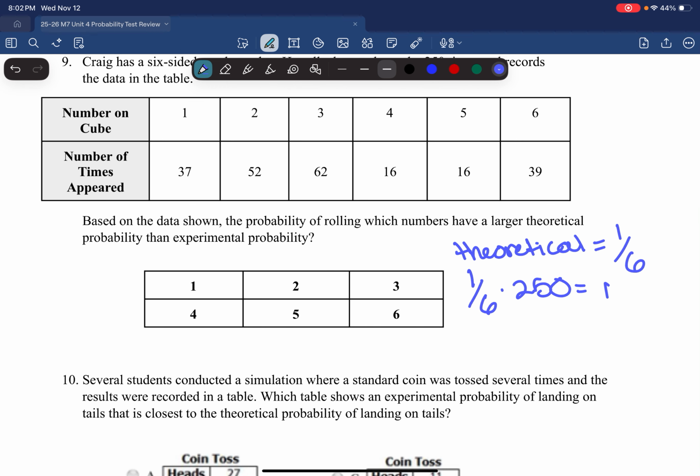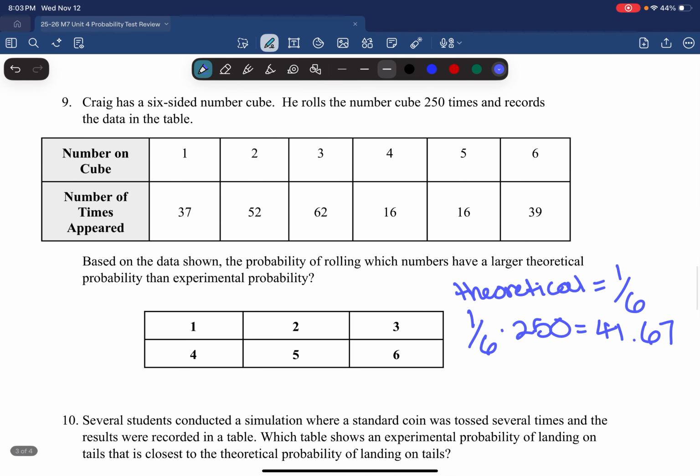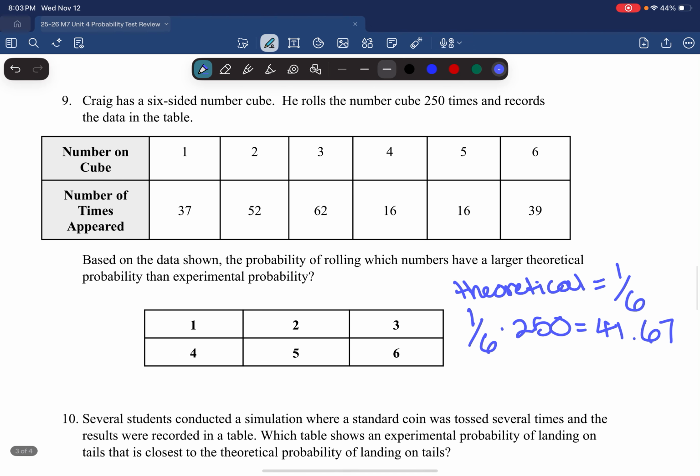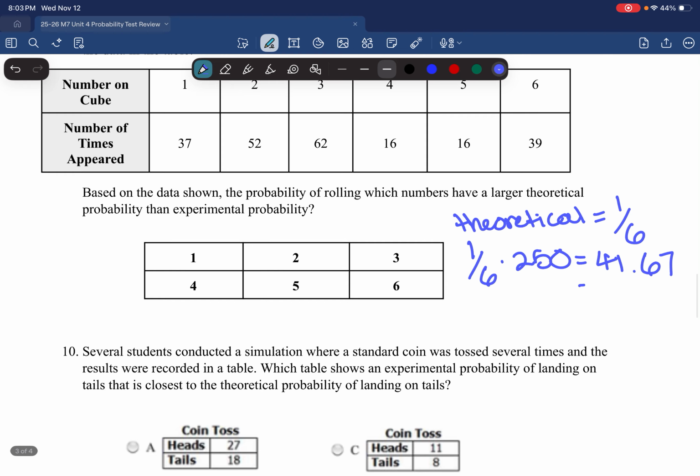And that'll give me 41.67. It doesn't come out clean, so I would just truncate this to like 41. So which ones are less than, so the theoretical probability needs to be larger than the experimental.